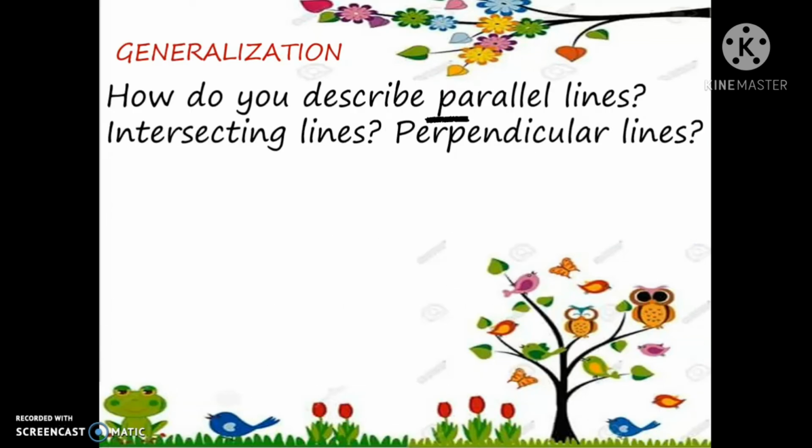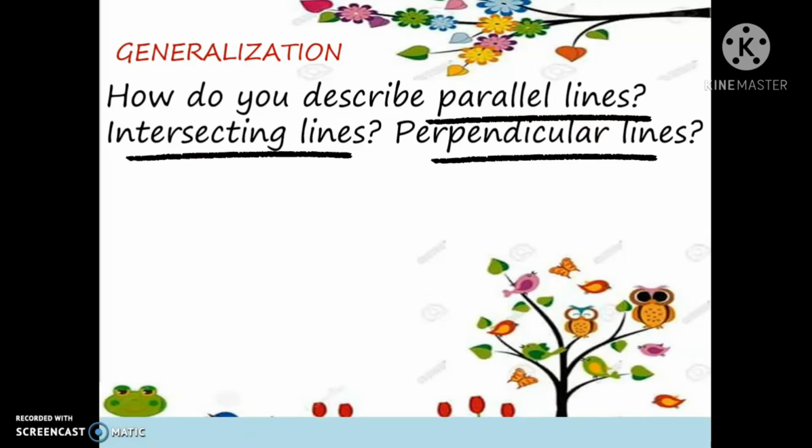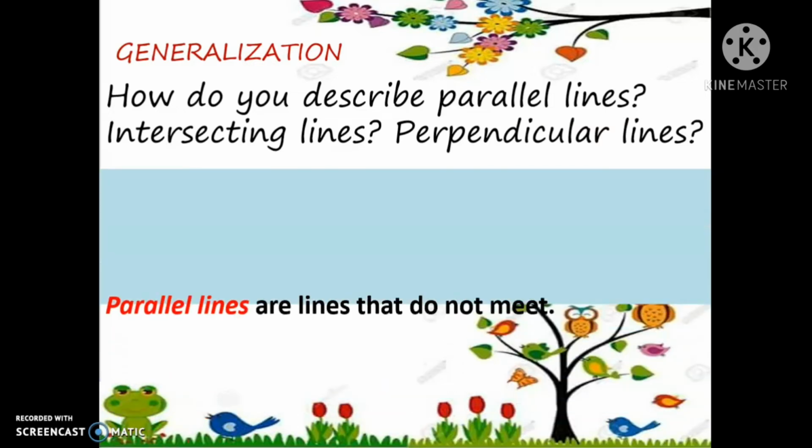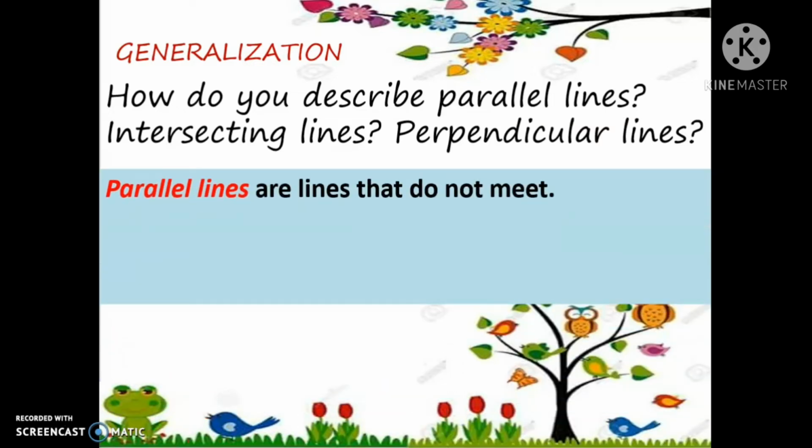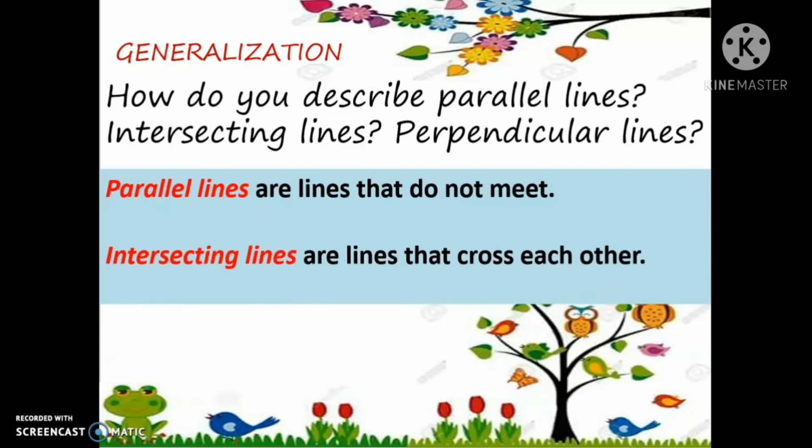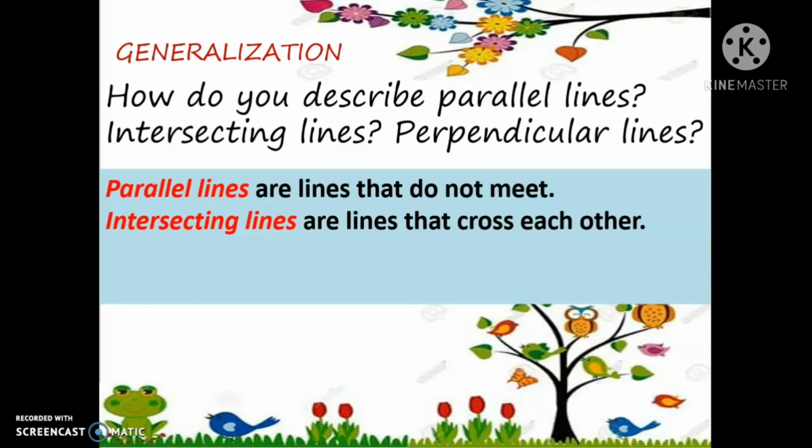How do you describe parallel lines, intersecting lines, and perpendicular lines? Parallel lines are lines that do not meet. Intersecting lines are lines that cross each other.